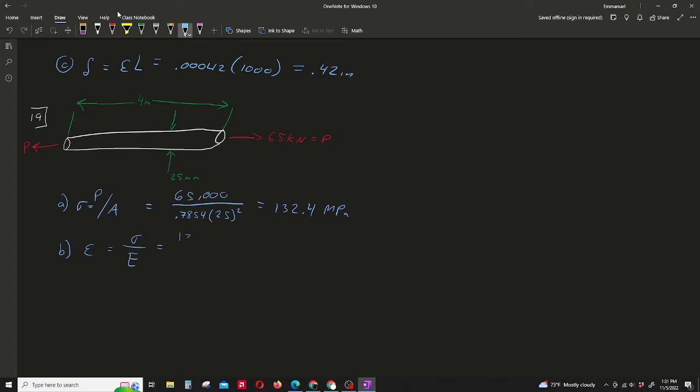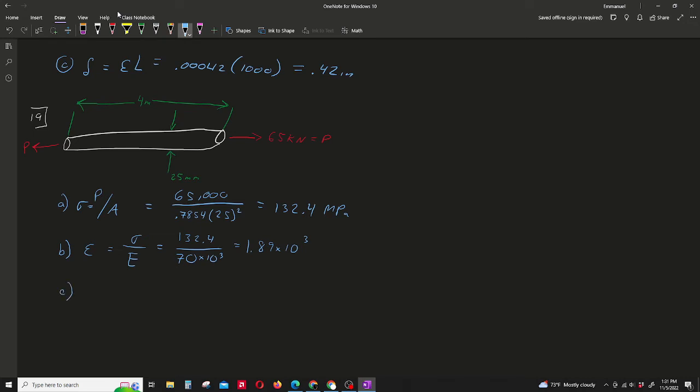We get 132.4. And this E is a standard value. You can find that in the back of the book. 1.89 times 10 to the third.